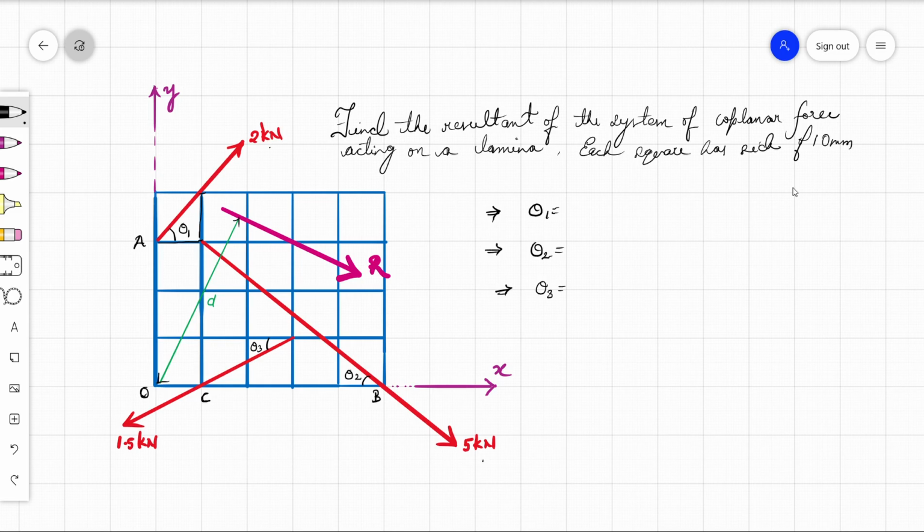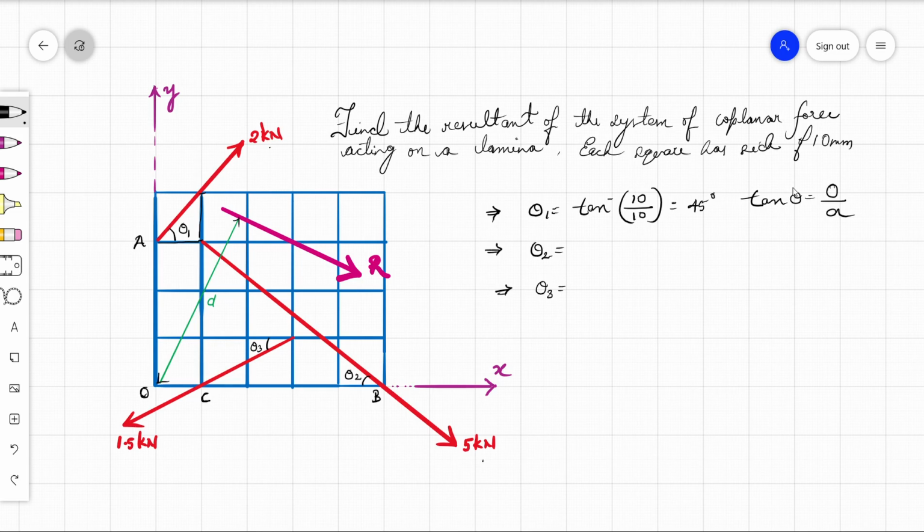So you can apply the tan formula, that tan theta is equal to opposite by adjacent. If I apply the same over here, theta 1 becomes tan inverse of the opposite, which is 10, divided by the adjacent, which is also 10. So tan inverse of 1 is 45 degrees. You can do it in the calculator.